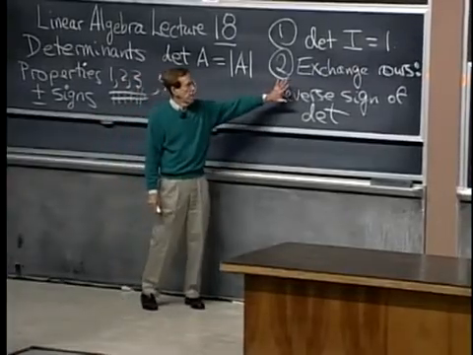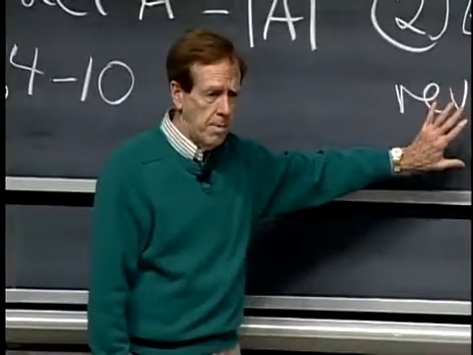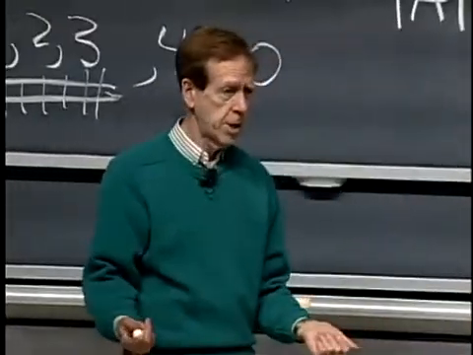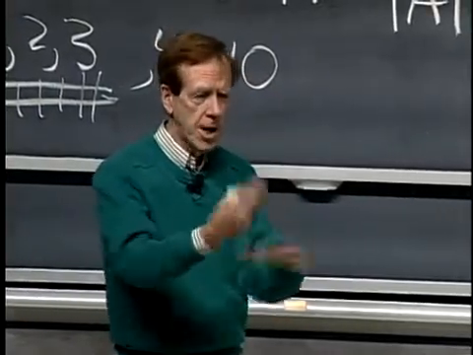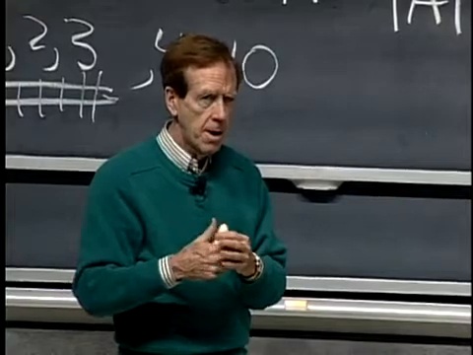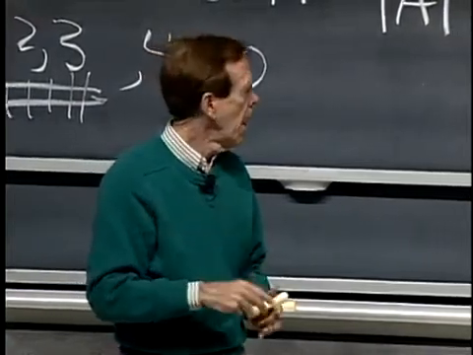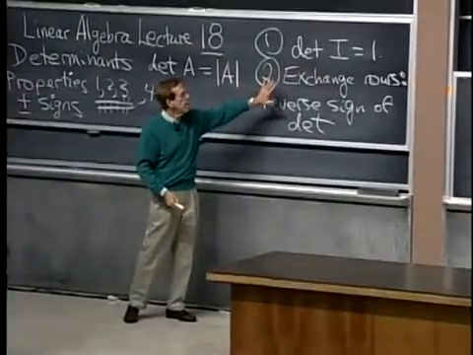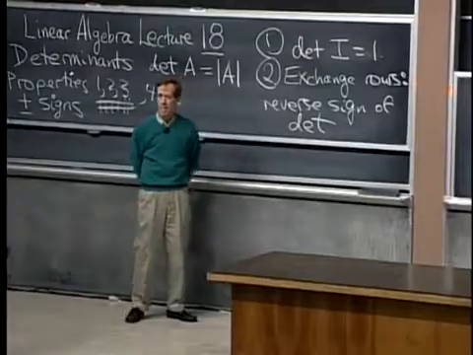So that you see what I mean by a property here. I haven't yet told you what the determinant is, but whatever it is, if I exchange two rows to get a different matrix, that reverses the sign of the determinant. And so now, what matrices do we now know the determinant of?